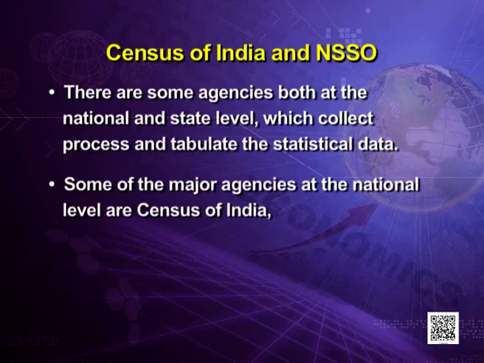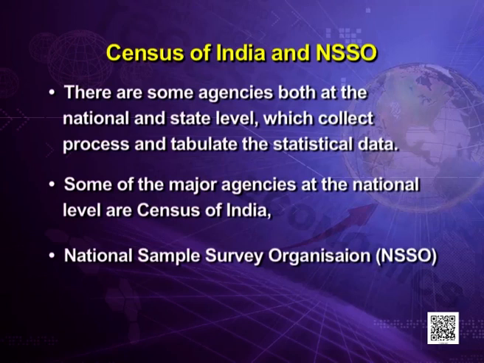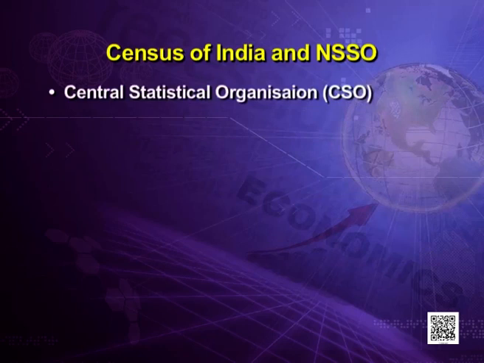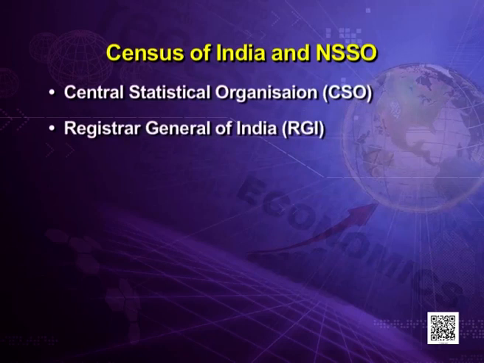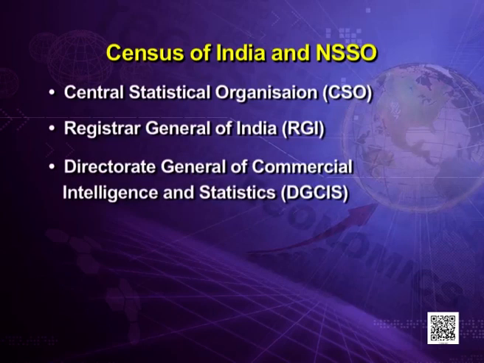Some of the major agencies at the national level are Census of India, National Sample Survey Organization (NSSO), Central Statistical Organization (CSO), Registrar General of India (RGI), Directorate General of Commercial Intelligence and Statistics (DGCIS) and Labour Bureau, etc.